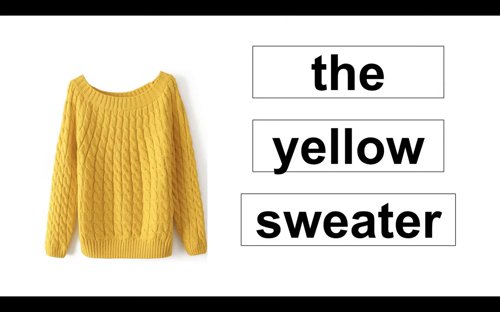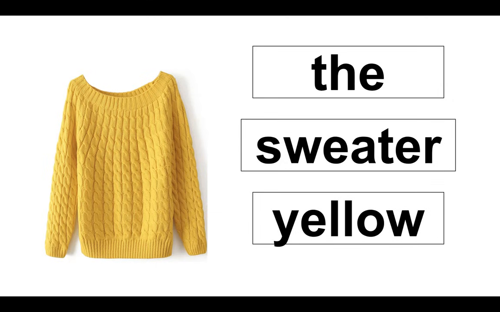Now you try it. The yellow sweater would turn to the sweater yellow in Spanish. How would you express the sweater yellow? Pause the video, and when you are ready with your answer, you may press play and see if you were correct.